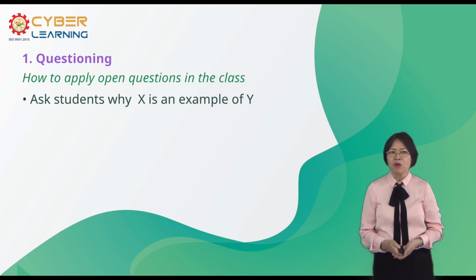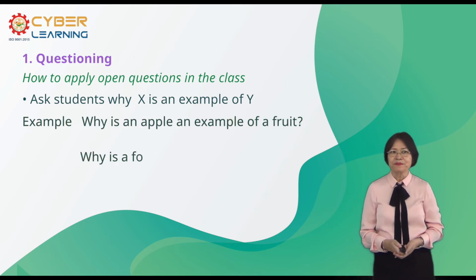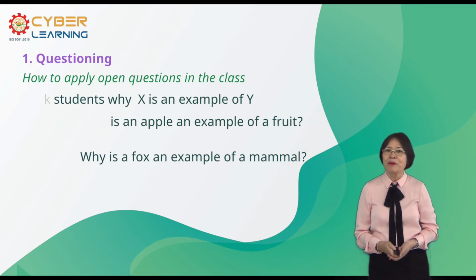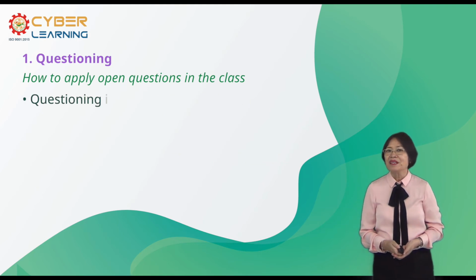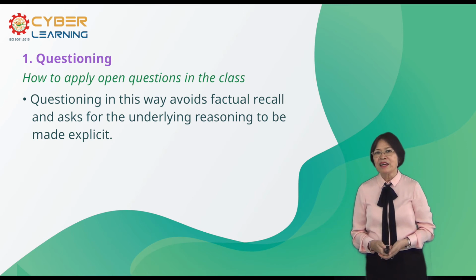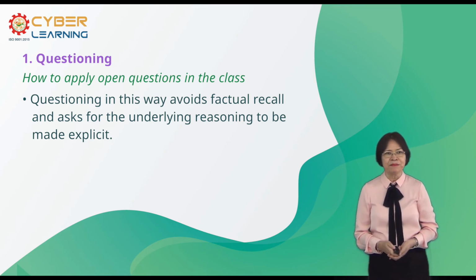Ask students why X is an example of Y. For example, why is an apple an example of a fruit? Why is a fox an example of a mammal? Questioning in this way avoids factual recall and asks for underlying reasoning to be made explicit.